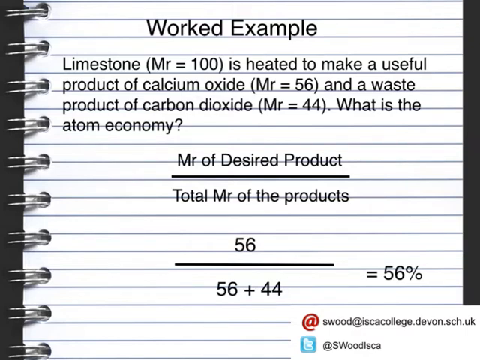Now, what you might be asked to do is decide whether 56% is a decent enough economy rate, should it be any higher, should it be any lower. Normally a typical figure you're looking at is 95% atom economy to be very effective. 56% might be on the lower end, but it still might be the most effective way of actually completing a chemical reaction.